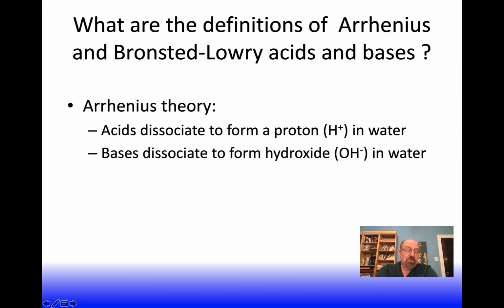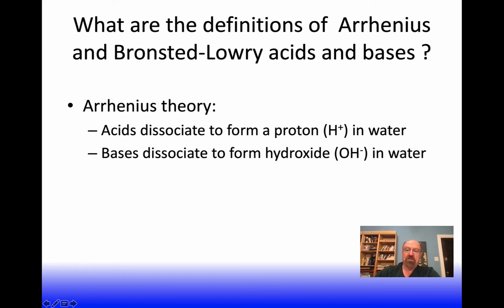That's basically true for all acids anyway. And you have to have a hydroxide ion, an OH ion, in the formula of the base. Now, as you're going to find out, the Arrhenius theory is way too simple. There are bases that do not have hydroxide ions in their formula, but they do cause hydroxide ions to form. So the Arrhenius theory is not a very good theory.